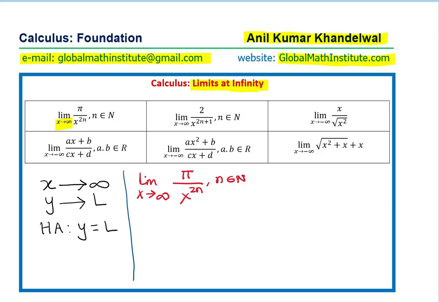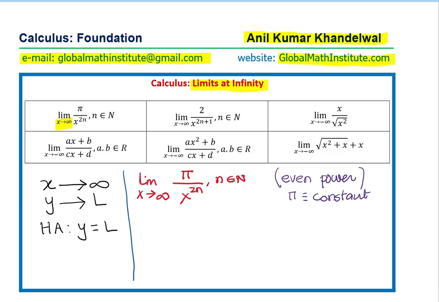It means that the denominator is an even power. Correct. And pi is a constant, right? So pi or any other constant could have been there in the numerator. For such functions where we have an even power of x, and that too in the denominator, what happens?